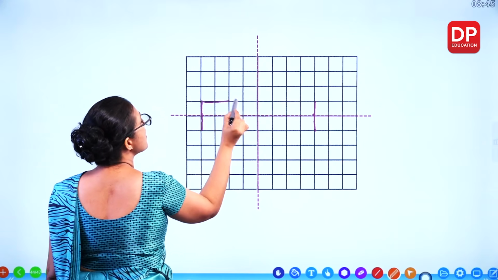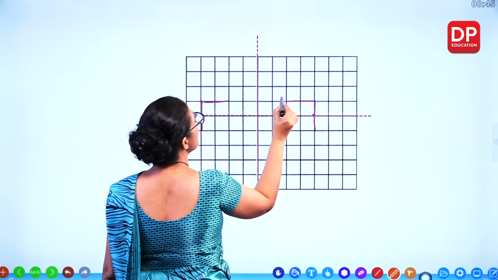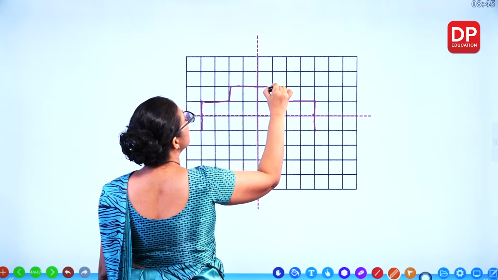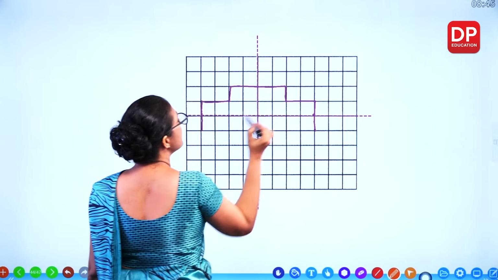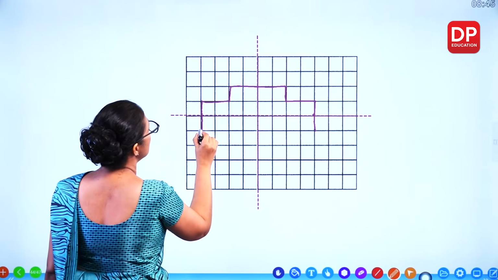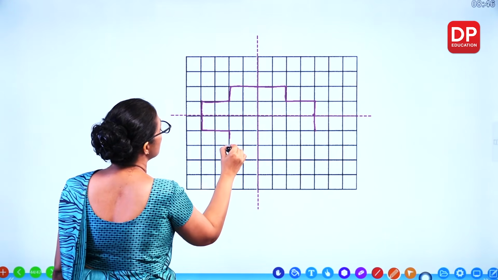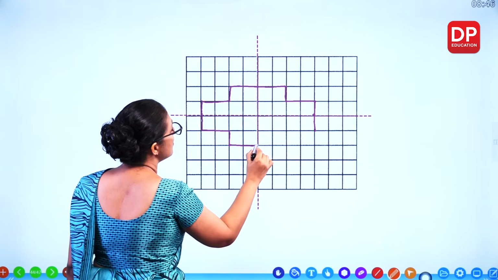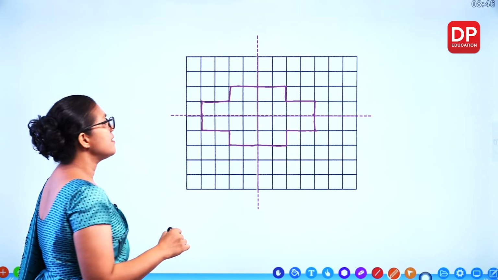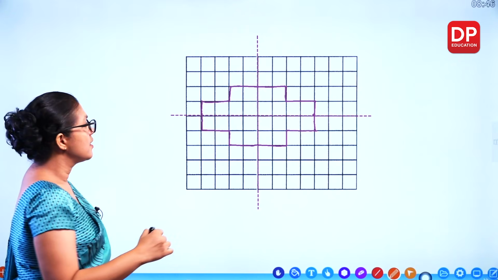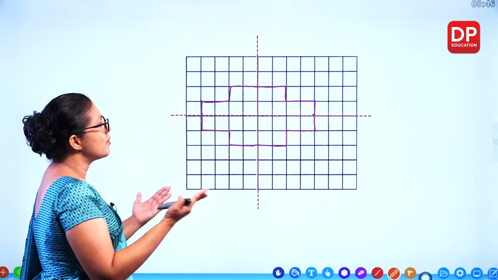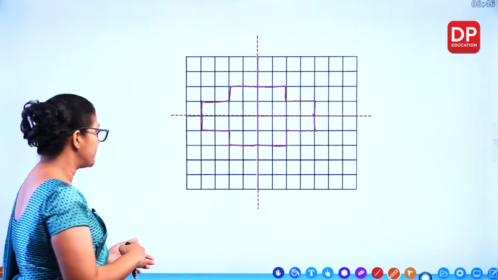And two squares this way, two squares this way. One square up. So something like this. You have to draw the same thing on the other side. One square down here. You get this figure, and then something like this. You can fold it either along this line or this line. You get the same shape.